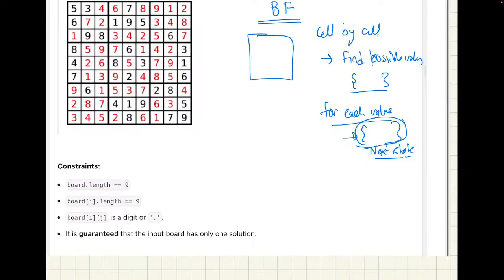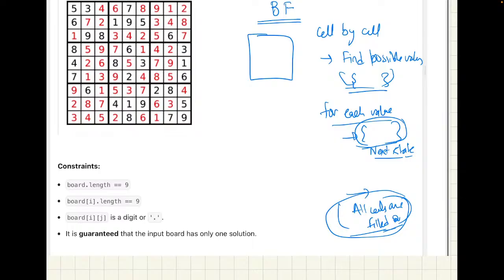Yeah, and then we come back and we do this. So we keep doing this until all cells are filled. That's it, because we will be filling it optimally only. So until all cells are filled, we can have this here.